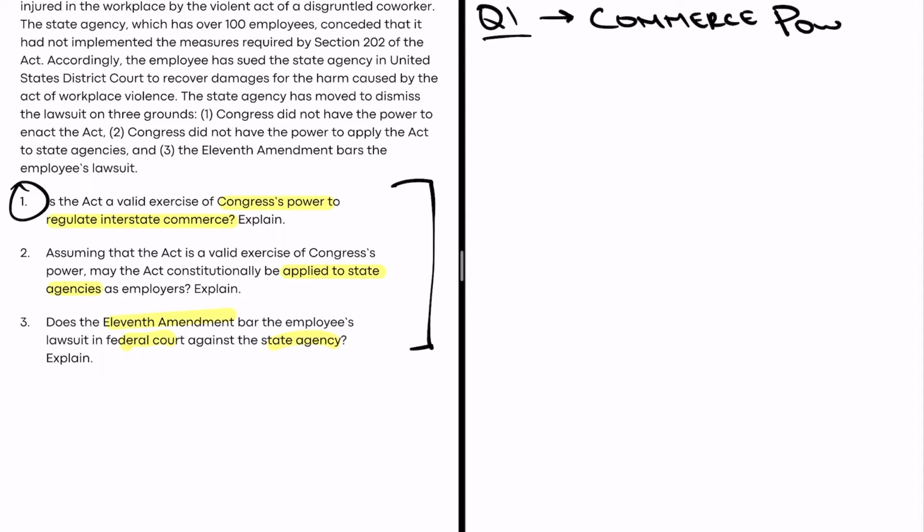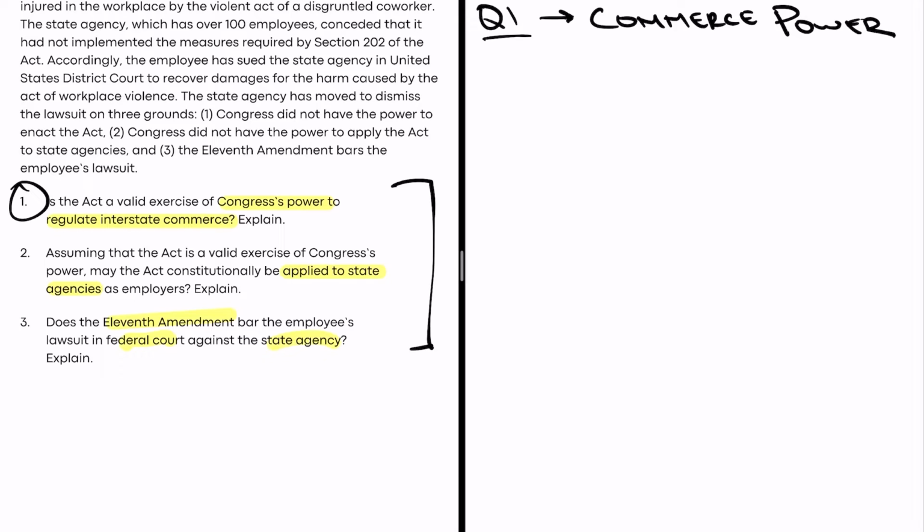Anytime on a constitutional law bar exam essay question we see Congress is passing a law, enacting some type of legislation, the question we always have to ask ourselves is, where is Congress getting the power to pass this law in the United States Constitution? We know Congress can't just show up and pass any kind of law that they want.